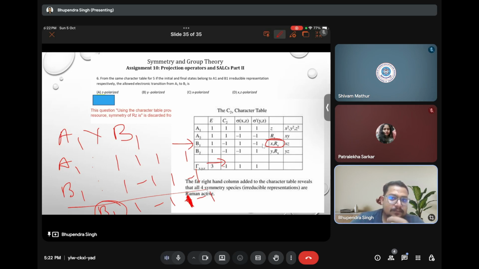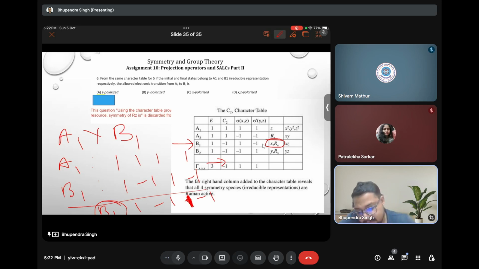This type of question we have solved in previous assignments also, where they specifically mention in the question that using z polarized light we got this transition, and then you find out something. So here the function is x, a linear function x.